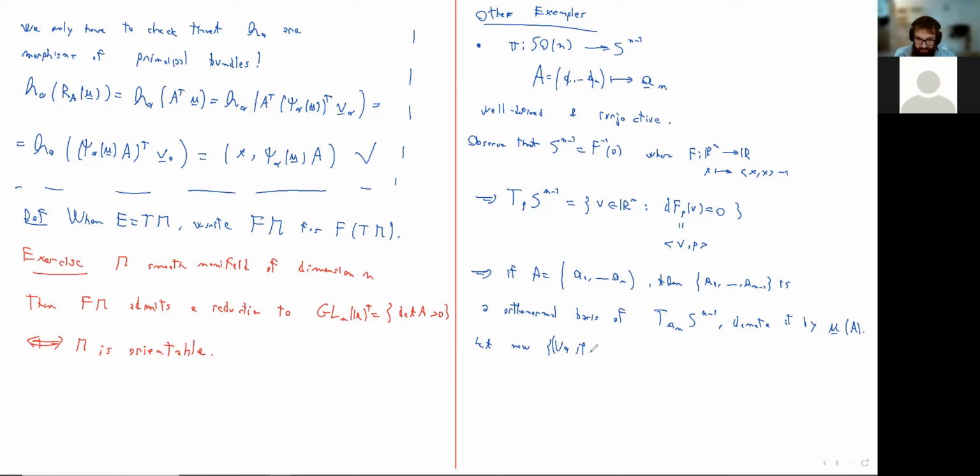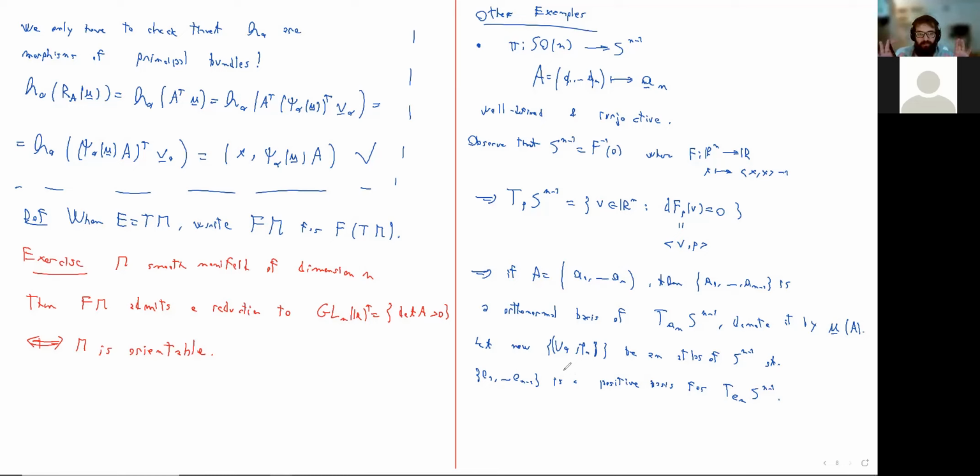So let's now take an atlas of S^(n-1) such that E1, ..., E(n-1) is a positive basis for the tangent space at each point. What does positive basis mean?